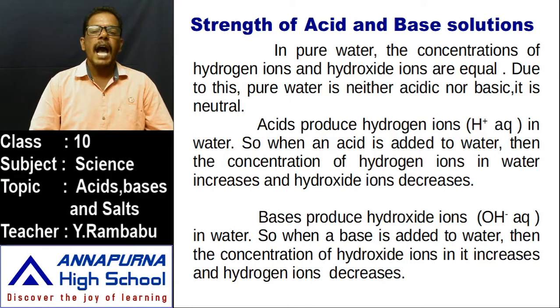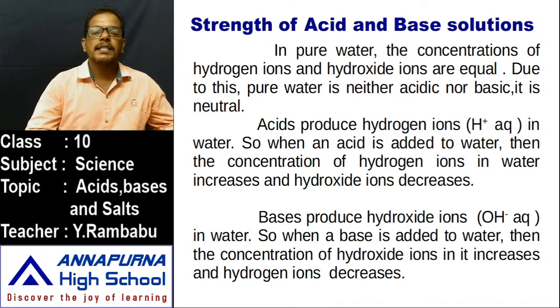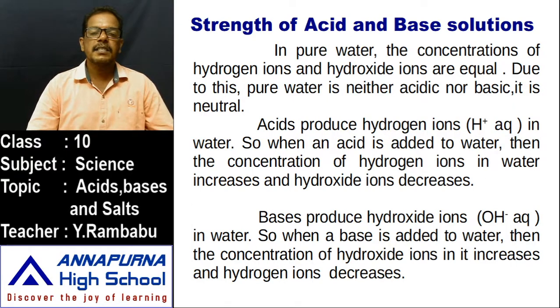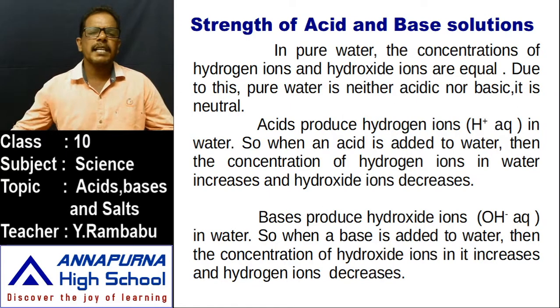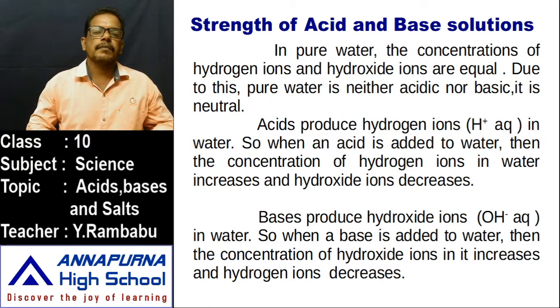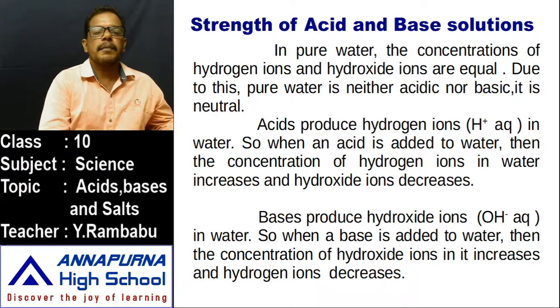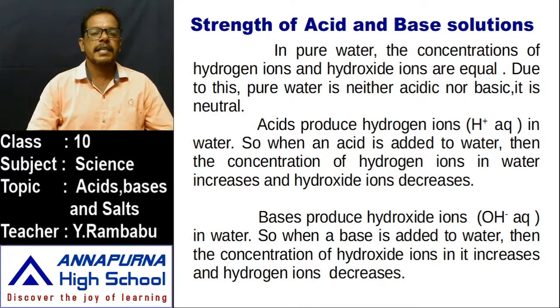And we know acids produce H+ ions in water. That's why when an acid is added to water, the number of H+ ions increases. That means the concentration of H+ ions increases. If we take distilled water, the number of H+ ions and OH- ions are the same.